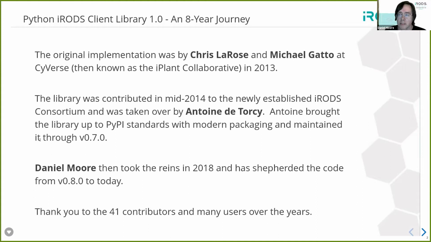It was a thing at CyVerse, developed by Chris LaRose and Michael Gatto, whom I don't believe I've ever spoken to, but via Antoine de Torcy, who worked at RENCI on the iRODS team when I got here, and then left soon after. With his, I guess his and my shepherding it through, it's now a version 1.0.